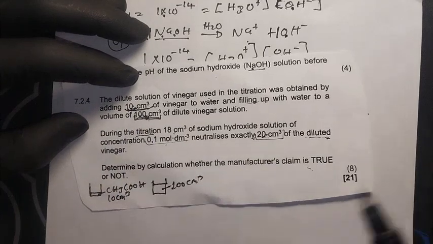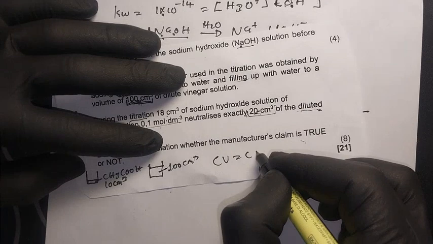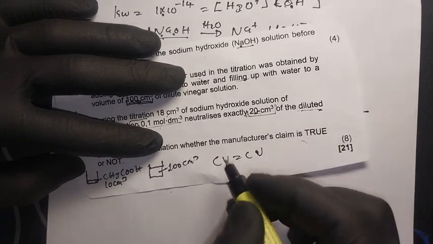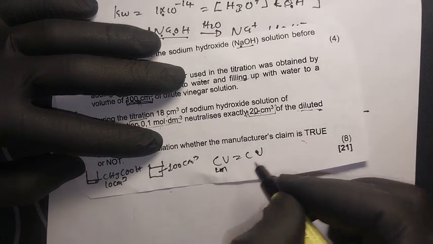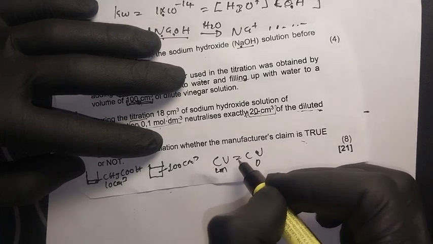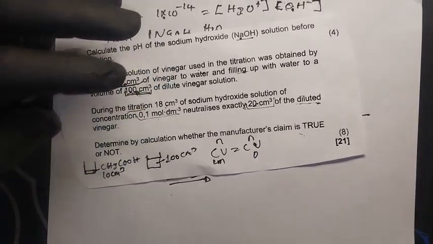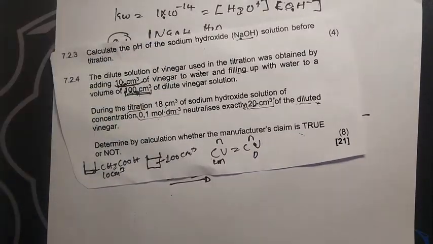But one thing you need to know when they talk about dilution: C1V1 equals C2V2. Why are we using this equation? Because the number of moles inside the container is still the same. The only things changing are the concentration and the volume, but the number of particles inside the container is still the same.